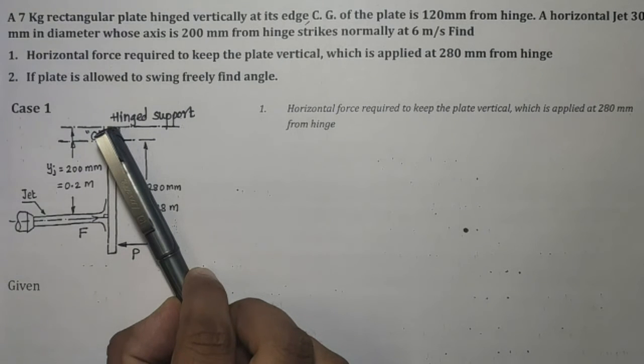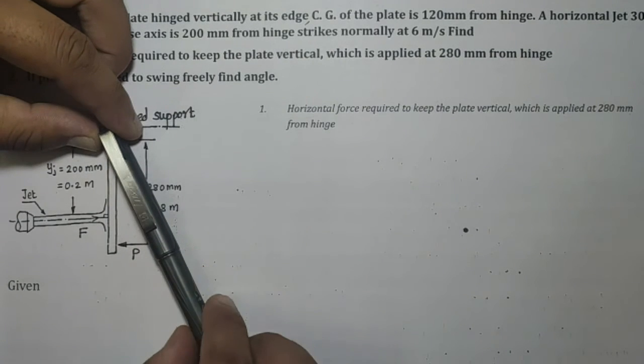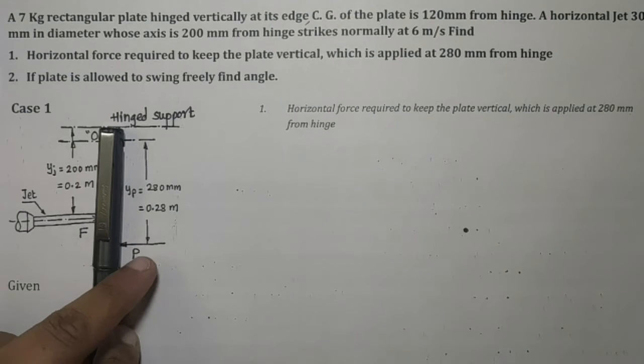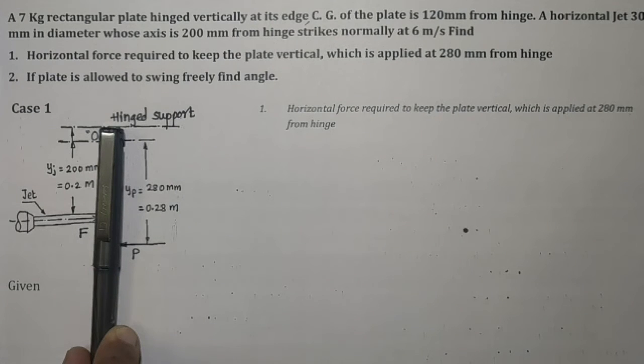To avoid that, or to keep the plate vertical even though the force F is exerted by the jet, we need to provide another counter force in such a way that the plate will remain vertical.